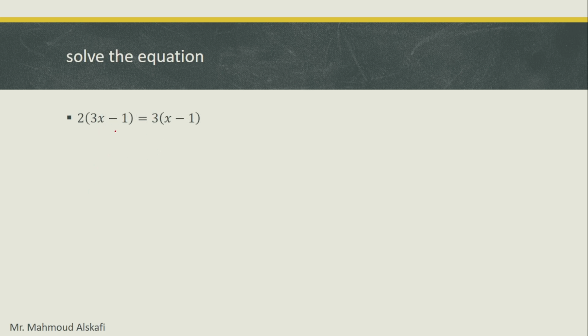Also here, if we need to expand the brackets, after that, we need to solve it. Okay, here I'd like to expand it because we have a negative, and you need to complete it. 3 times x is 3x. 3 times minus 3 gives me minus 9.